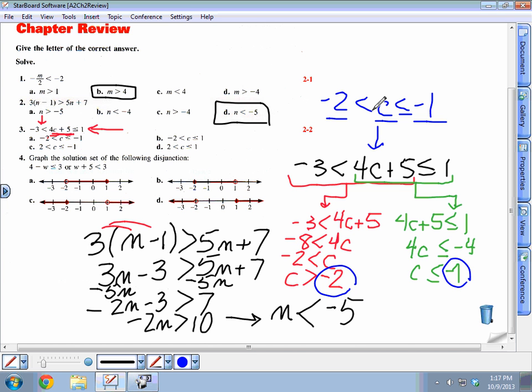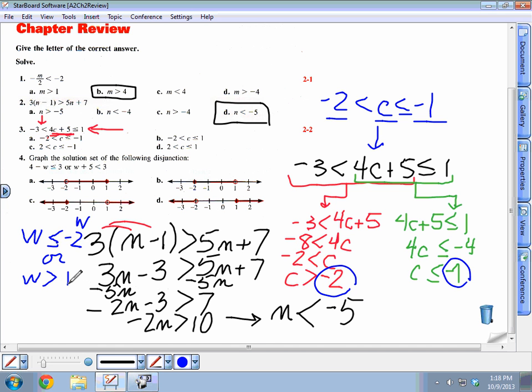What does this one really say? If I want to use W on this one, how would I really write this? I would have to say W is what? W is less than or equal to negative 2, or W is greater than 1.